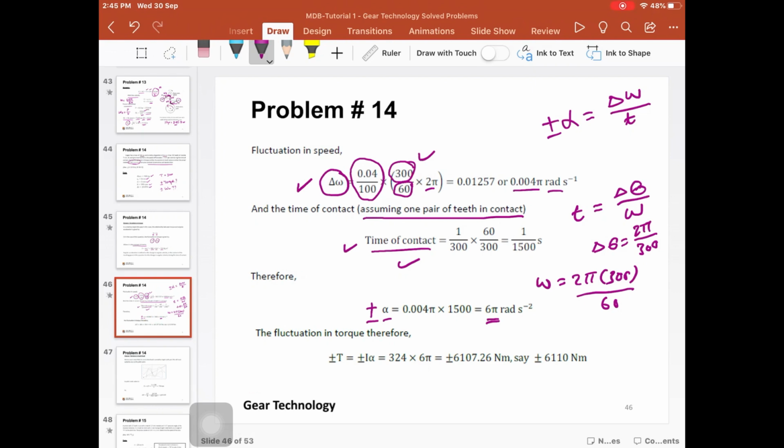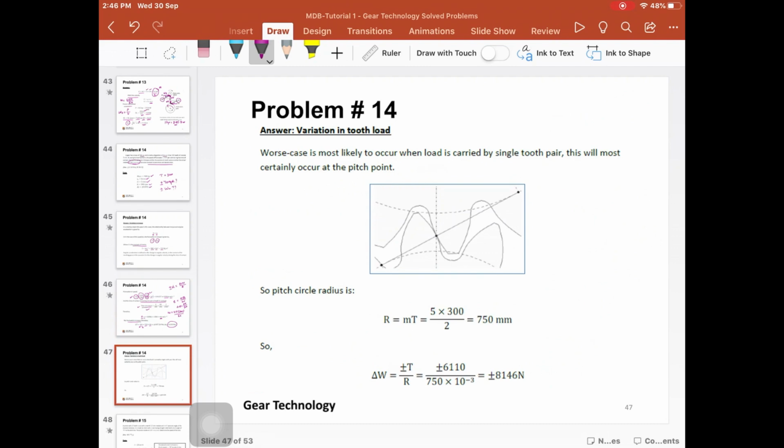As a result, the fluctuation in the torque is equal to the moment of inertia multiplied by the fluctuation in the acceleration. The moment of inertia is 3 to 4. The fluctuation in the acceleration is 6 pi. This gives us fluctuations in the torque of plus or minus 6,110 Newton meter.